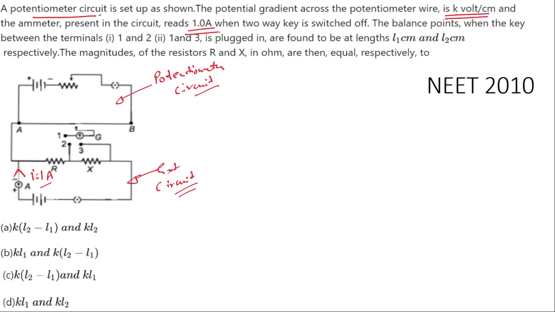Now let us first clarify this statement. It is trying to say whenever you connect the points 1 and 2, then the balancing length is L1. This is the first scenario. And when you connect 3 and 1, the circuit becomes like this.